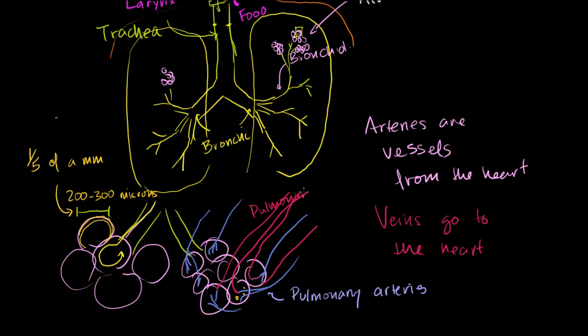Now you're saying, Sal, what does pulmonary mean? Well, pulmo comes from the Latin for of the lungs. It literally means the arteries that go to the lungs, and the veins that come from the lungs. So anytime people talk about pulmonary anything, they're talking about our lungs, or maybe something related to how we breathe. So it's a good word to know.